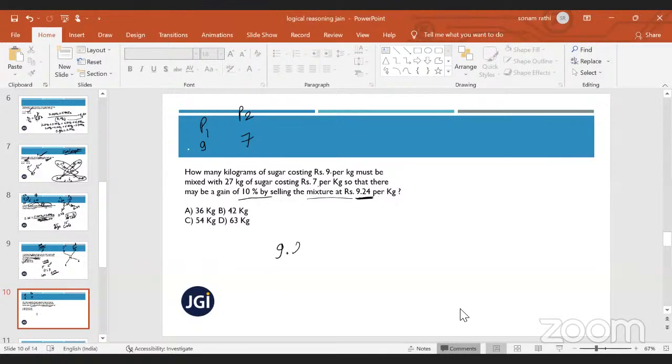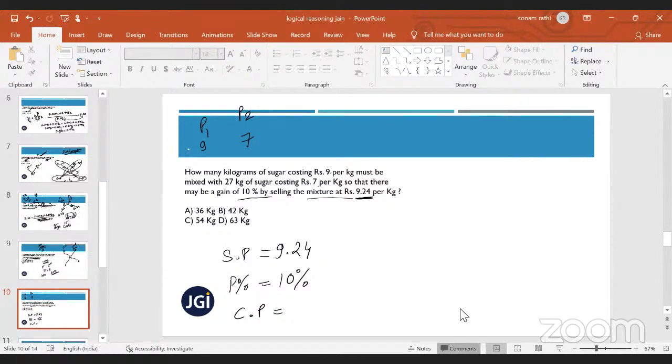So 9.24 is the selling price. Profit percentage is how much? 10%. You need to find cost price. You have the formula with you for how to find cost price. You remember the formula?